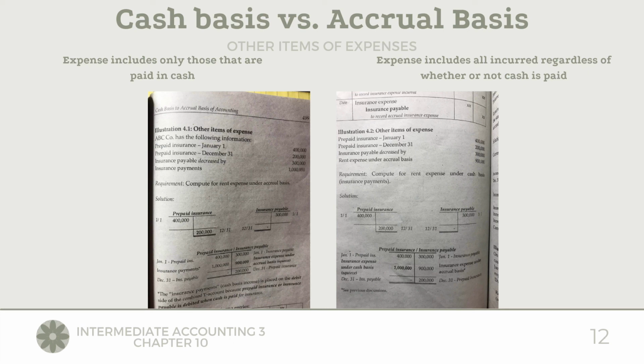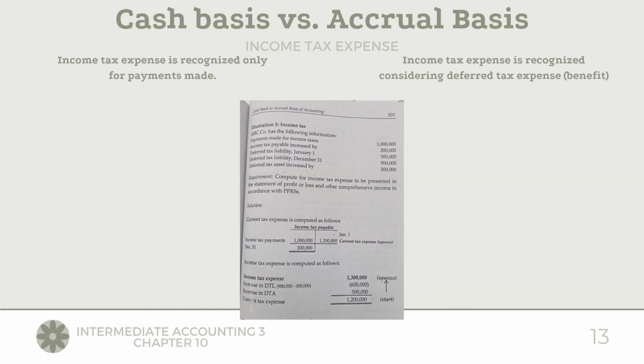The insurance payments is placed on the debit side of the combined T account because prepaid insurance or insurance payable is debited when cash is paid for insurance. If cash basis naman, same pa rin siya ng procedure, gagawa ka pa rin ng T account katulad ng sa accrual basis.